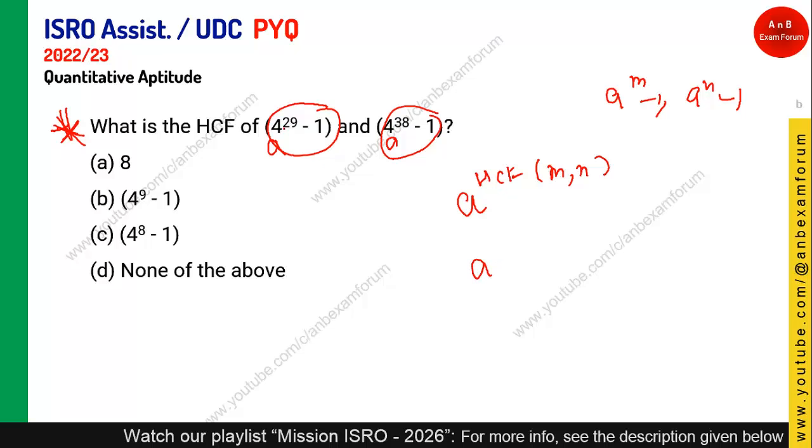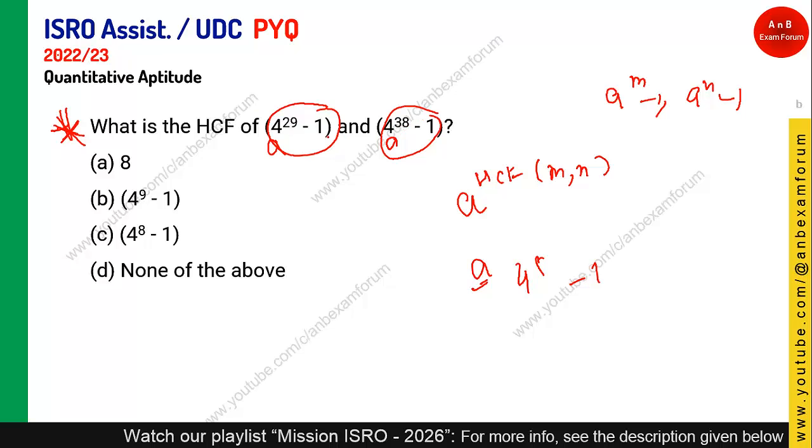So A power, what is the HCF of 29 and 38? If you calculate it, it becomes 4 power 1 minus 1. And the answer for this question, it is 4 power 9 minus 1. Okay, but like we did some mistake.